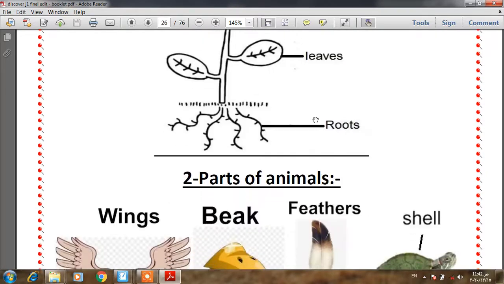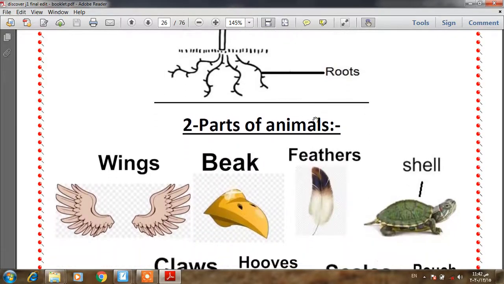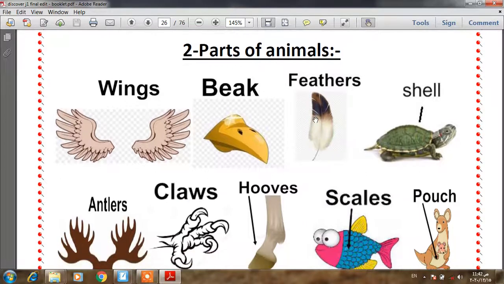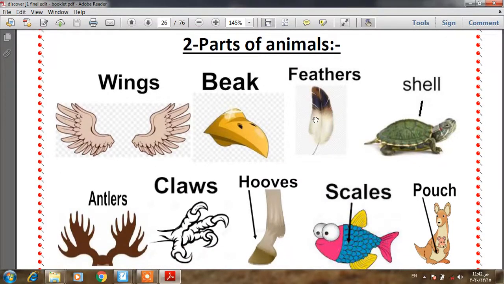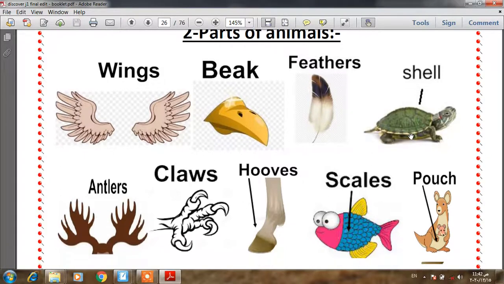And these are the parts of the animals: wings, beak, feathers, shell, antlers, claws, hooves, scales, pouch.